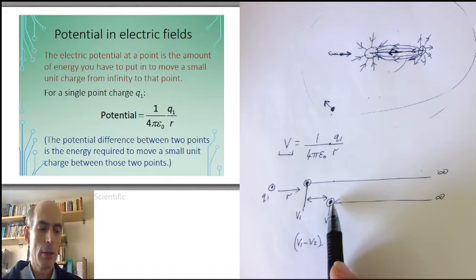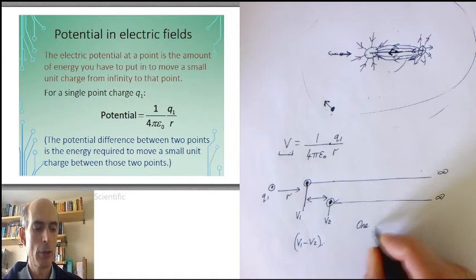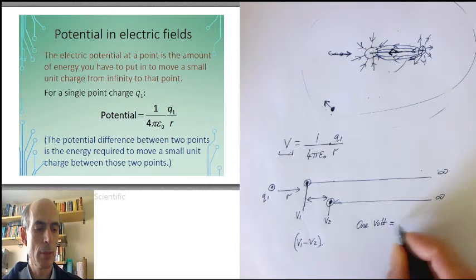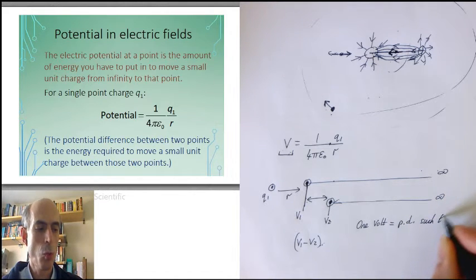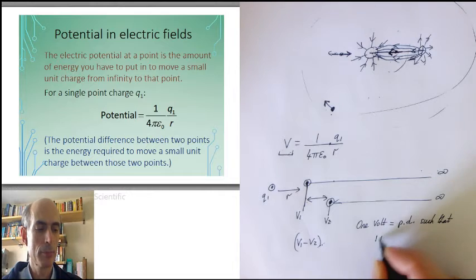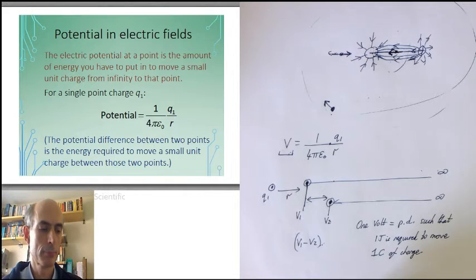However, remember the definition of a volt. 1 volt is the potential difference such that 1 joule of energy is required to move 1 coulomb of charge, a unit charge.